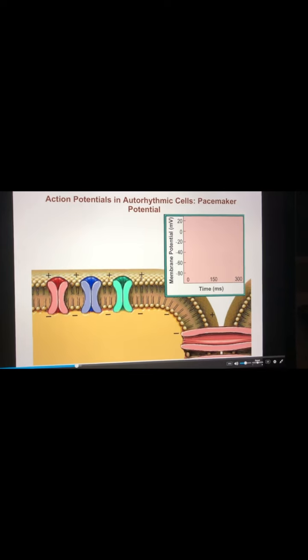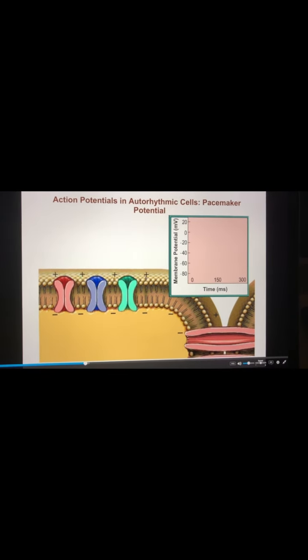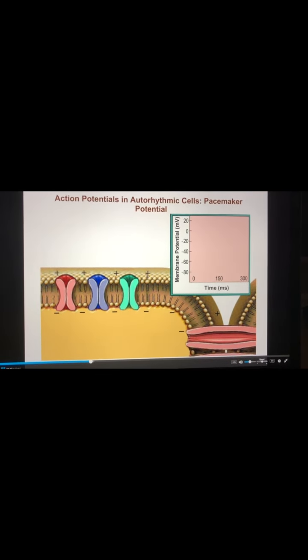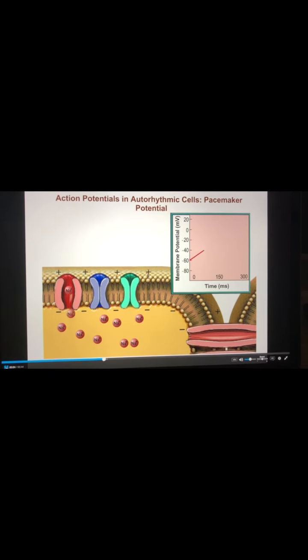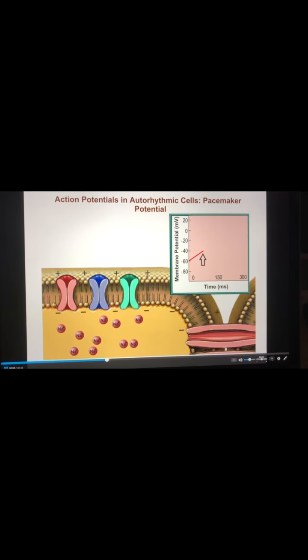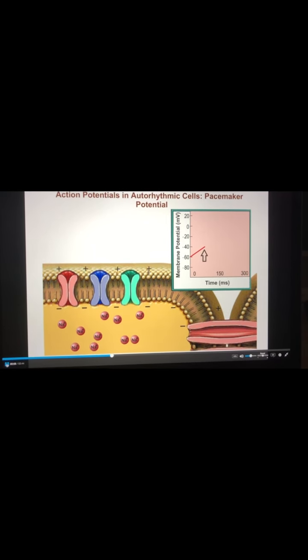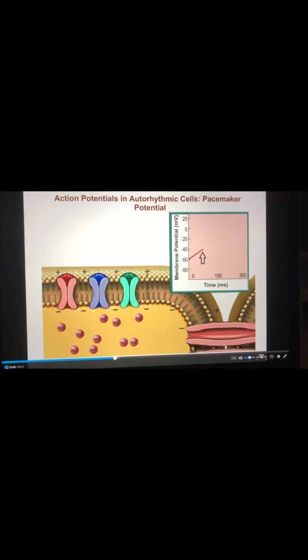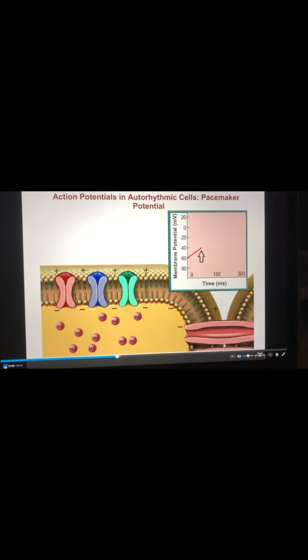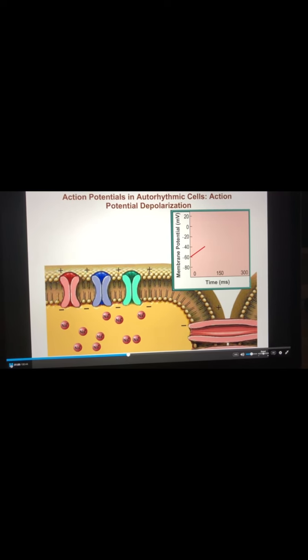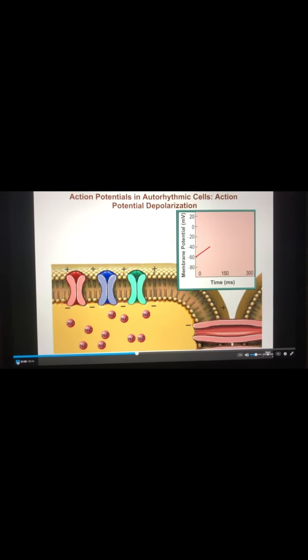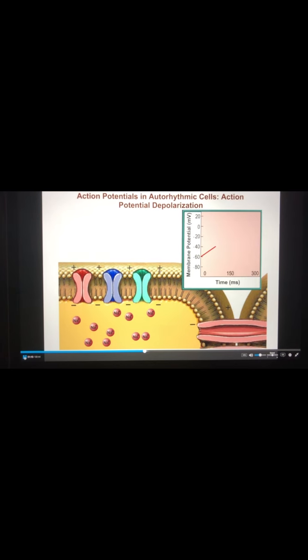Autorhythmic cells begin depolarizing due to a slow, continuous influx of sodium and reduced efflux of potassium. As sodium ions enter the cell, the inner surface of the plasma membrane gradually becomes less negative, generating the pacemaker potential. When the membrane potential gets to negative 40 millivolts, it has reached the threshold for initiating an action potential.